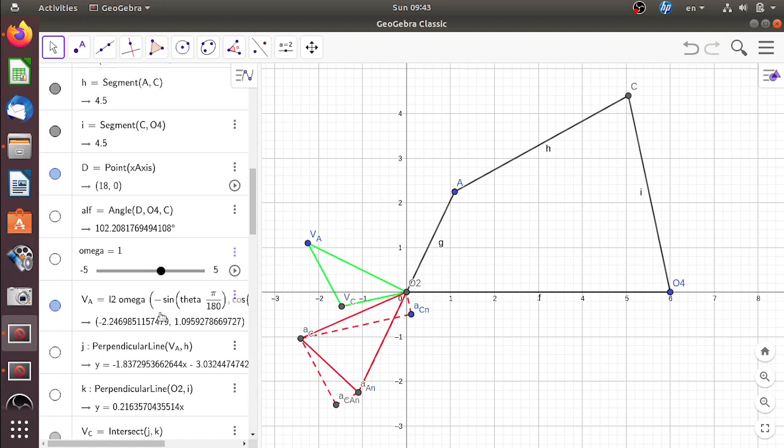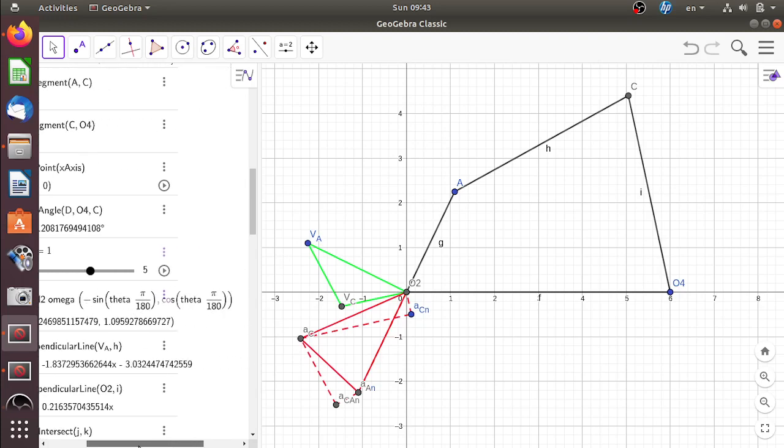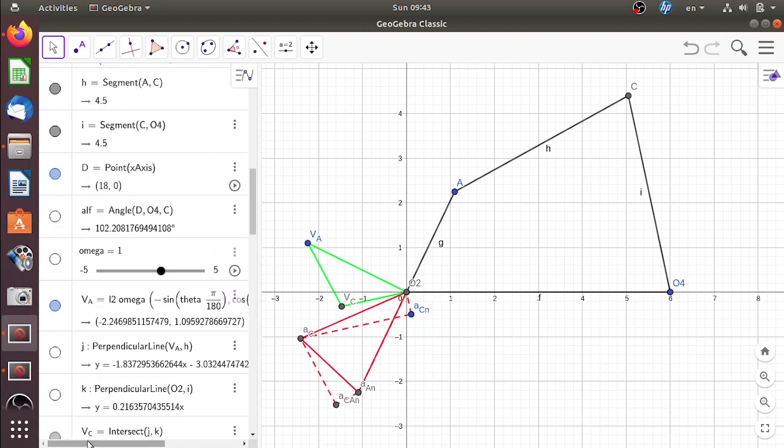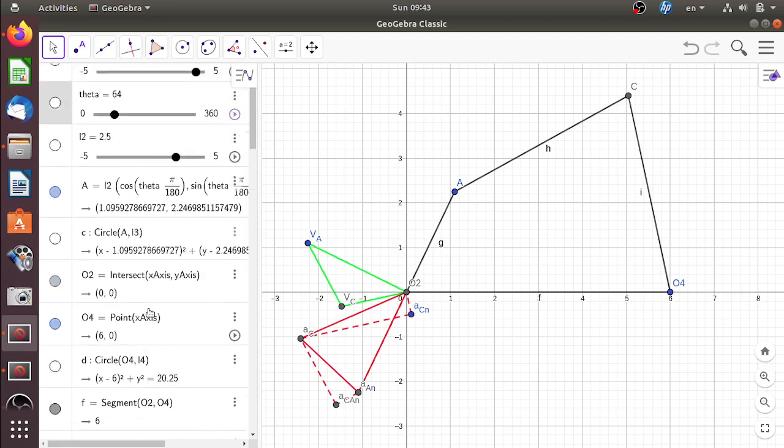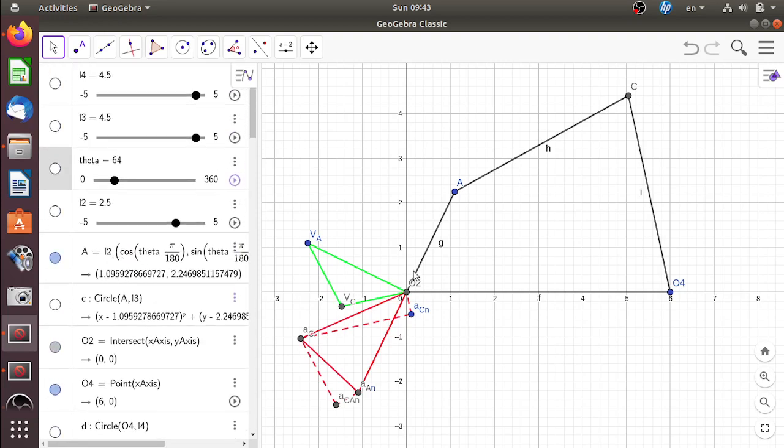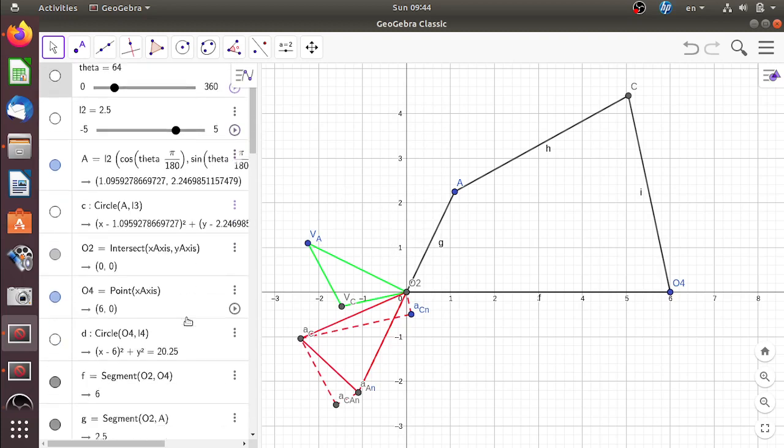So I have chosen minus sine theta pi by 180 and cos theta pi by 180. In other words, you could also use whatever you have mentioned here to represent this line. In addition, you just add theta plus 90, and here also theta plus 90. If you do that, you will also get the same direction.